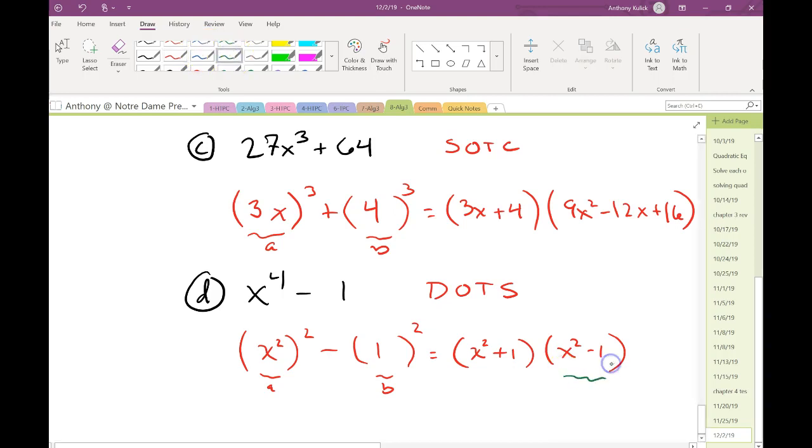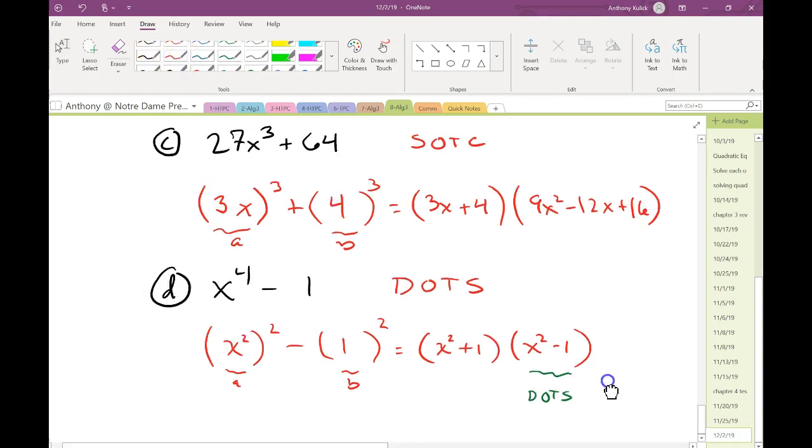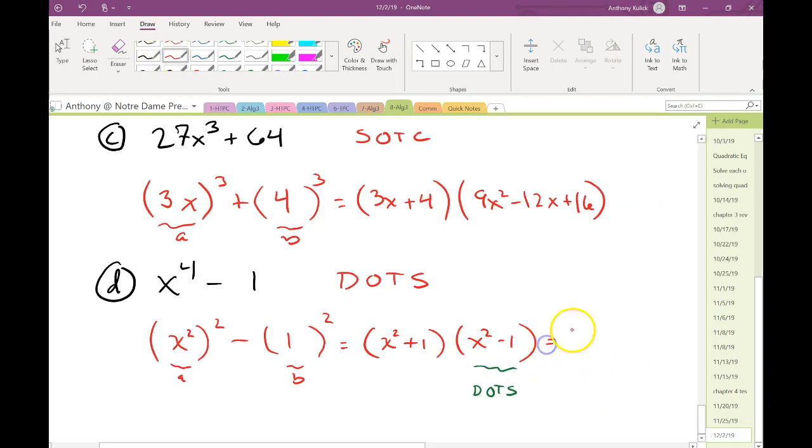Look at this one. What do you notice here? That's also a difference of 2 squares, isn't it? So the first one we can't do anything with because it's a sum.